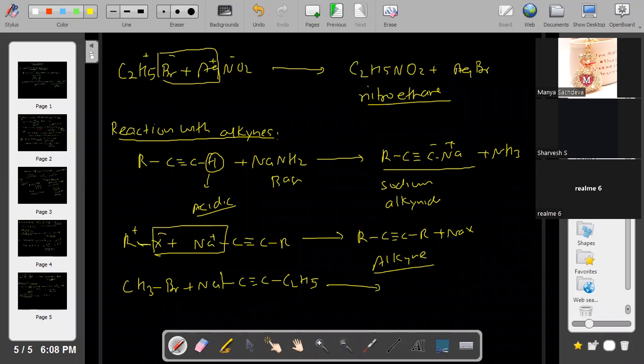Simply NaBr moves out and you will get CH3, one methyl group also added here, CH3 C triple bond C then C2H5. The name is 1, 2, 3, 4, 5: pent-2-yne. Please note down accordingly, or you can take a screenshot of this.